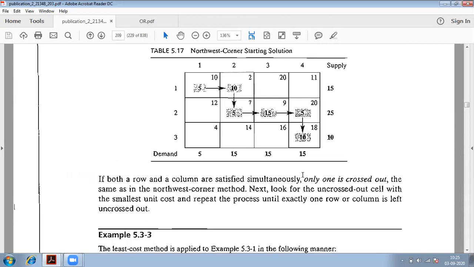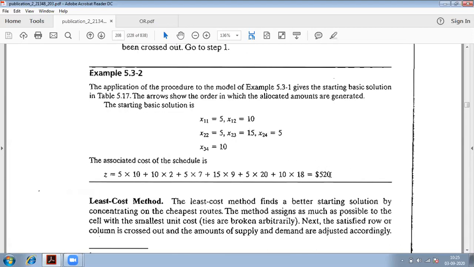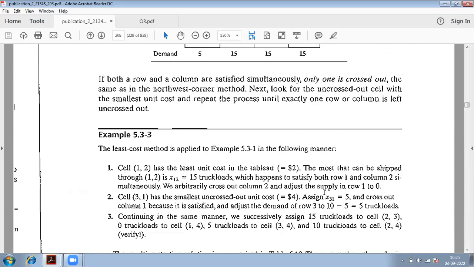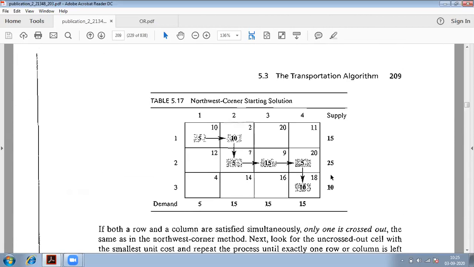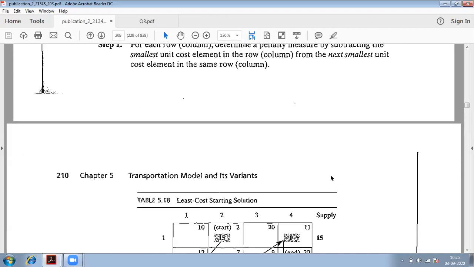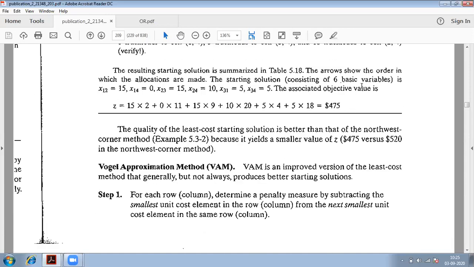475. The previous case, how much is it? It is 520. Northwest corner rule, it is coming as 520 rupees or $520. Whereas in this particular case, least cost method, you are getting it as $475.